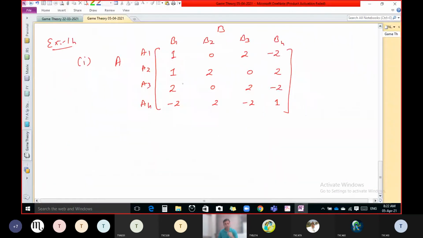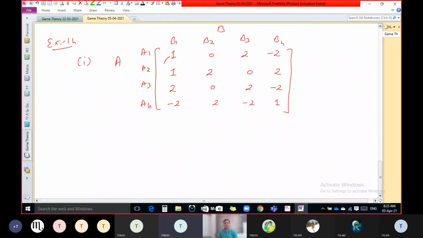Okay. Now just compare A1 with A2. First of all, which one is better, A1 or A2? Both are same. Here, which one is better, A1 or A2? A2. Here, which one is better, A1 or A2? A1. So here A2 is better, here A1 is better. So straightforward, we are not able to delete anyone.